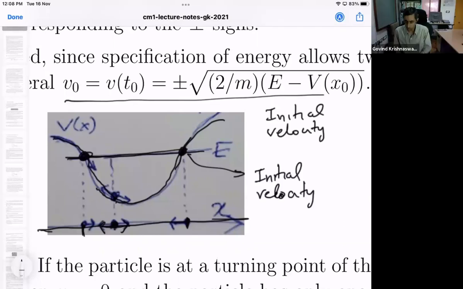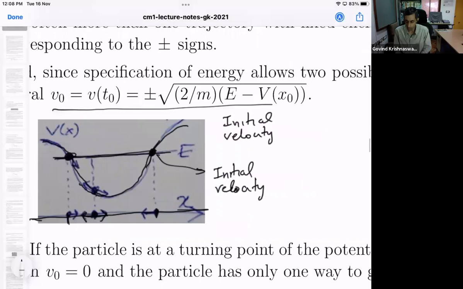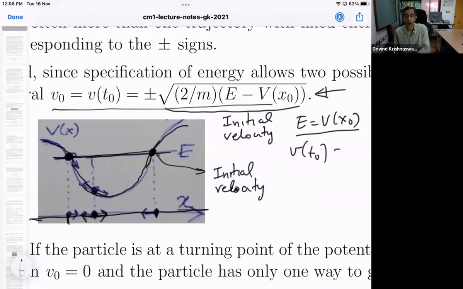Yes, it is 0. Let me make sure everybody follows why. If I simply use this formula and assume that E is equal to V of x naught, that is, the energy of the particle is equal to the potential at the initial location, then this quantity is 0. So v of t naught is equal to 0. Of course, if you are wondering where this formula came from, it came from the condition E is equal to half m v squared plus V of x.